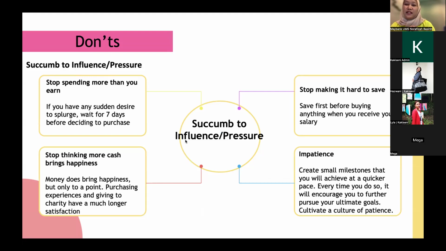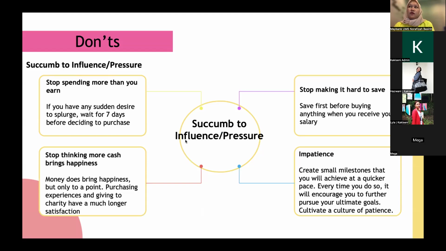But if after 7 days you still think about how you should get it, then think about whether you have the budget or not. If you have the budget, maybe you can decide on buying the item. But if you don't have the budget, then maybe you can wait for your budget to be enough.